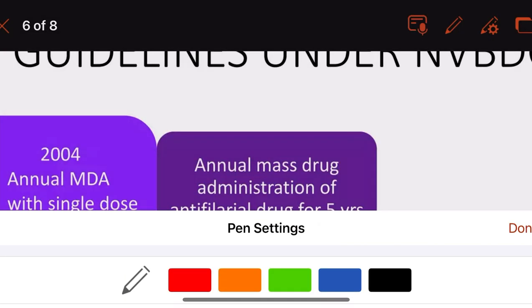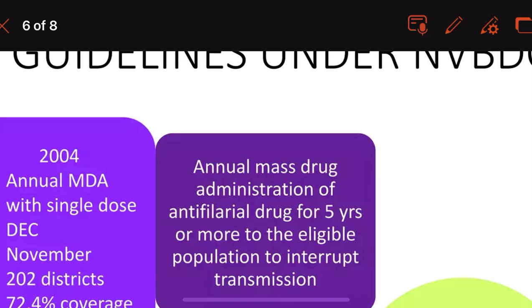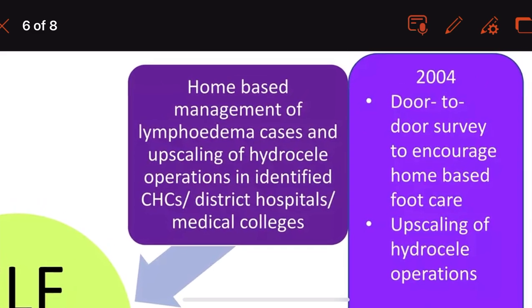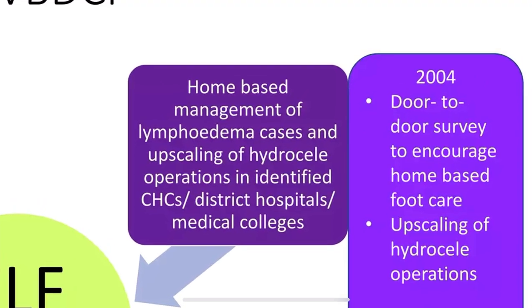Moving on. The next step was home-based management. Next, we see the second step. What did we do? Home-based management of lymphedema cases and upscaling of hydrocele operations in identified CHCs or district hospitals or medical colleges.